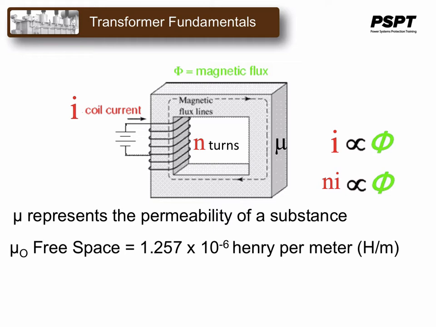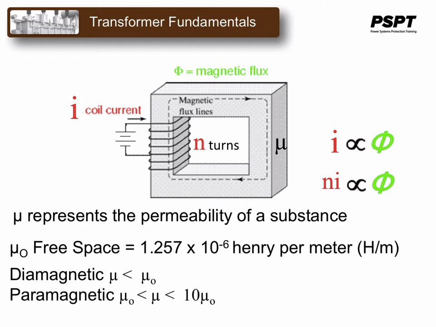Materials that cause lines of flux to move farther apart, resulting in a decreased amount of magnetic flux density compared to a vacuum, are called diamagnetic materials. Materials that concentrate the magnetic flux by a factor of more than 1 but less than or equal to 10 are called paramagnetic materials.